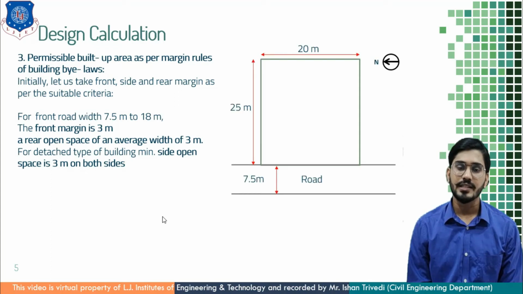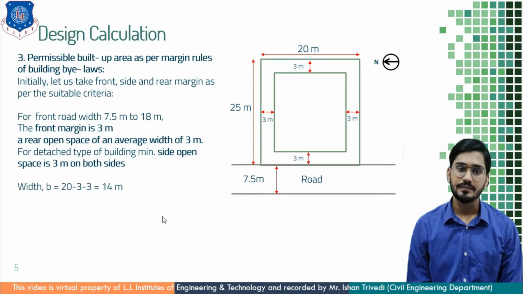So considering this, if I plot a drawing or a simple layout, putting a road of 7.5 to 18 meter and putting the plot considering the north position, then if I put 3 meter on either side for length and width opening, the dimensions will be: for width I will deduct 3 meter from 20 meter and I will get 14 meter, and for length I will get 25 minus 3, I will get 19 meter.